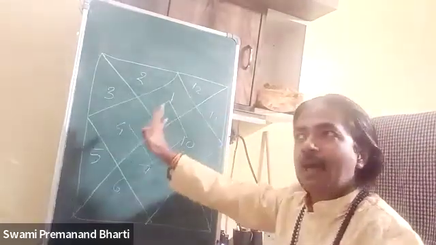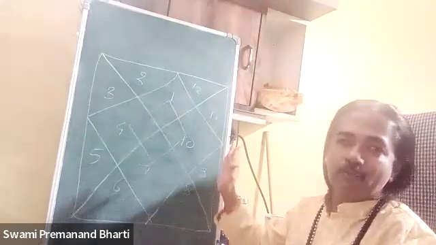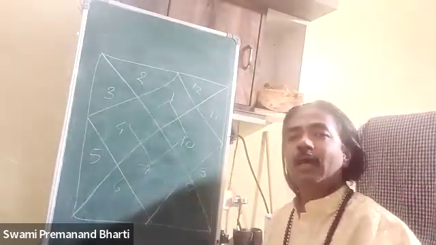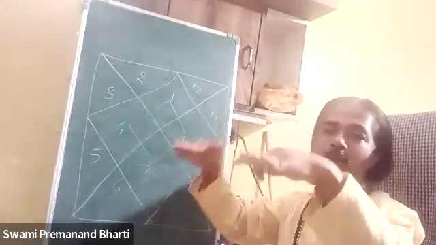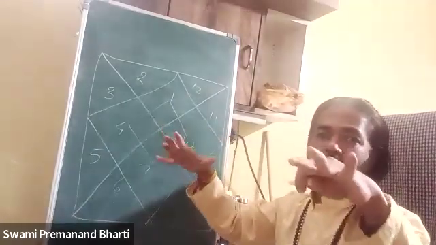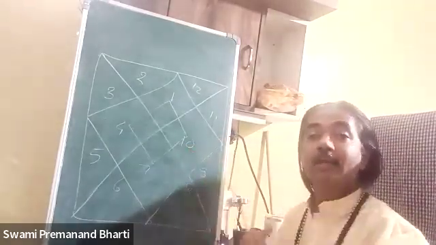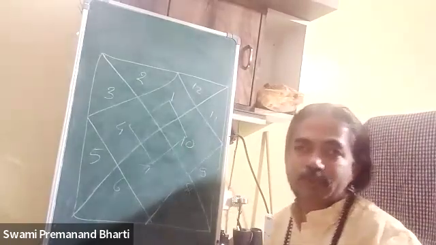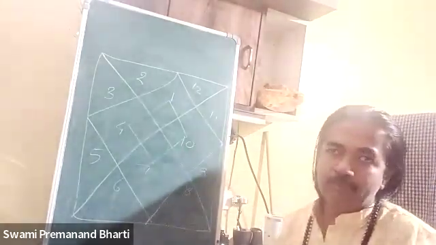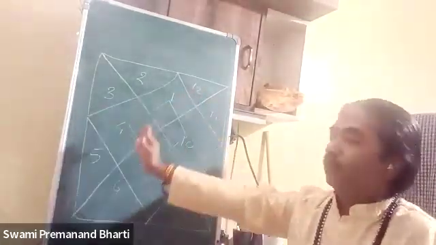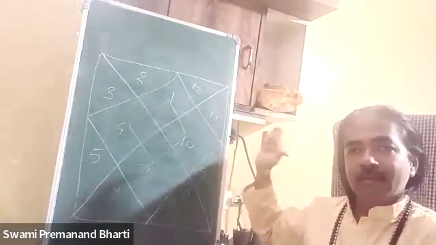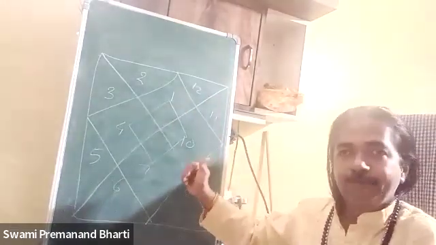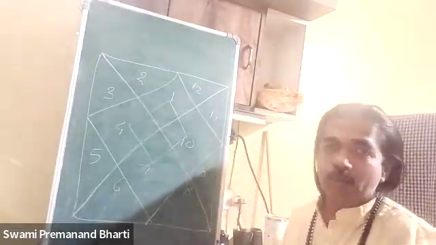They are the central pillars of your life. Your life gets established and settled on these pillars only. They are considered the most important houses of the chart. 1, 4, 7, 10. Why are they most important?